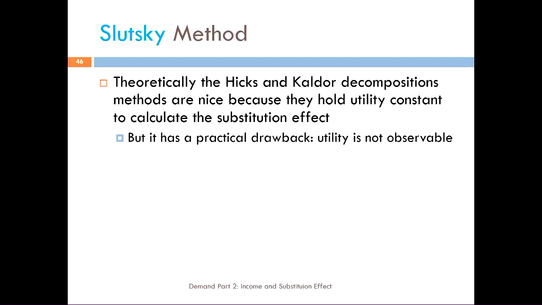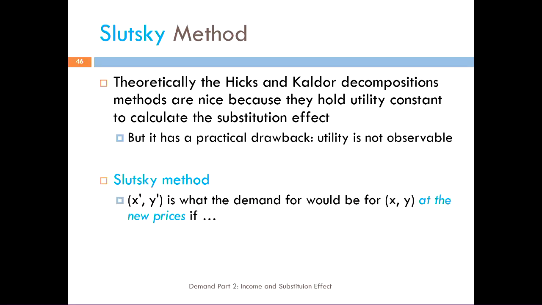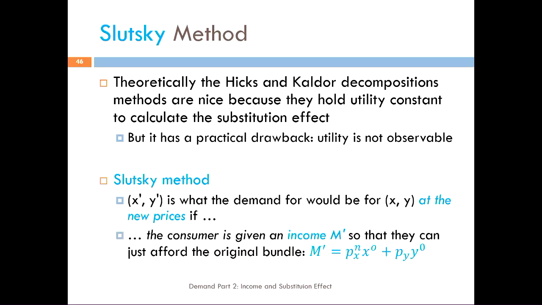All right. So the advantage of the Slutsky method is that we only use observables in order to calculate what that M prime is going to be. Remember, for M prime, we want to give them just enough income such that at the new prices, they can just afford the original bundle. So we take the original bundle X naught, Y naught, but we use the new prices, right?